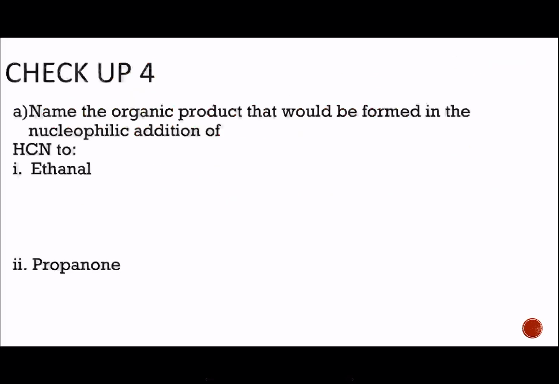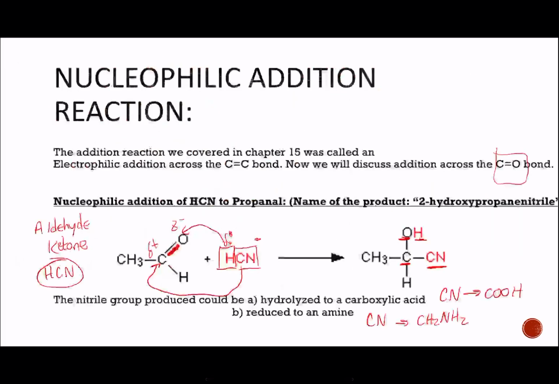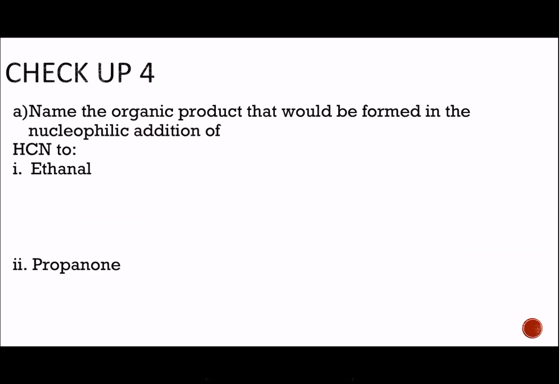All right, so then in the checkup, it says name the organic product that would be formed in the nucleophilic addition of HCN to ethanal. Remember that when you name it, you name the alcohol as a substituent. So when alcohol is a substituent, it is called hydroxy. So the first one, I'm just going to draw the reaction first.